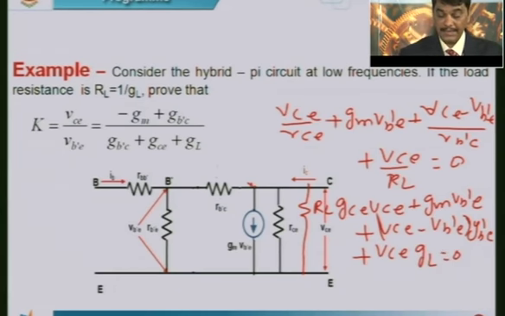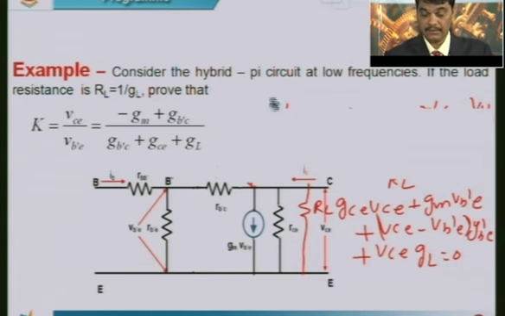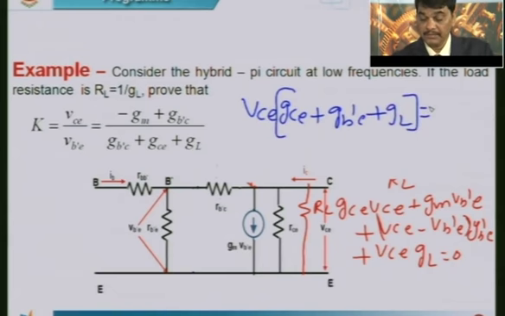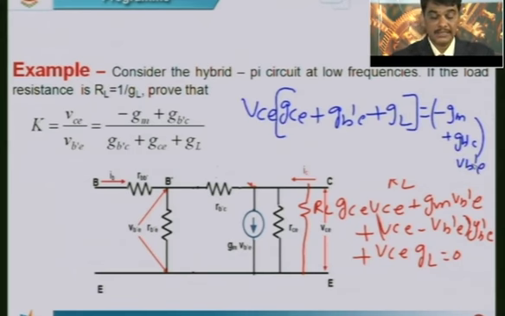Solving this further, we take all VCE to one side: VCE into (GCE plus GB'C plus GL) is equal to minus (GM plus GB'C) into VB'E. Taking this ratio, we get K equal to VCE by VB'E, equal to minus (GM plus GB'C) divided by (GB'C plus GCE plus GL).